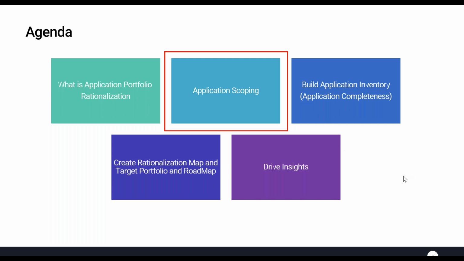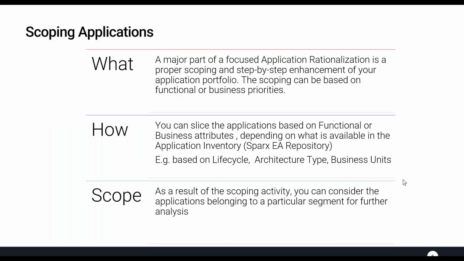So as a first step, it's recommended to do application scoping. What that really means is, as we just discussed, there could be hundreds or thousands of applications, depending on the scale of the organization, available in our inventory. Even some of them may not have been documented.